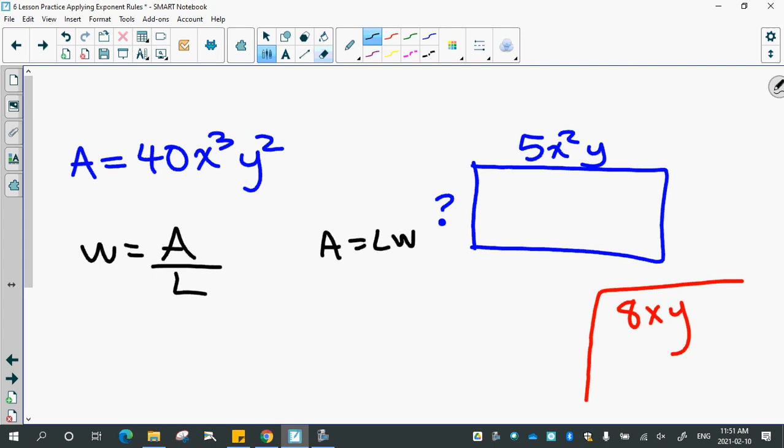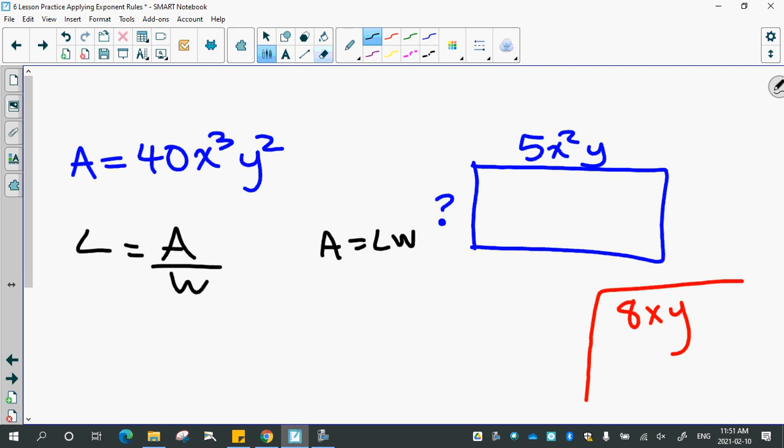So length times width is area. So if you know the area and the width, sorry, my bad, you did length is area divided by the width. If you know the area and divide it by the width, you'll get the length, because it's a multiplicative relationship.